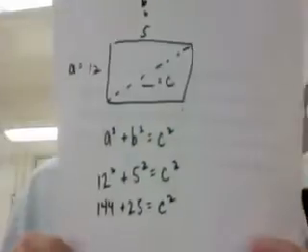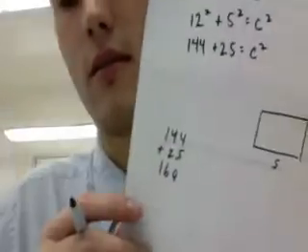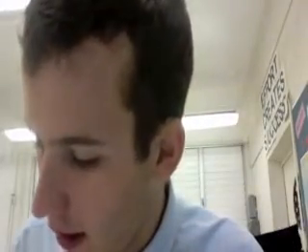So 12 squared plus 5 squared: 144 plus 25 equals C squared. Then you just add 144 and 25. So 144 plus 25 is 169. So now I have 169 equals C squared.